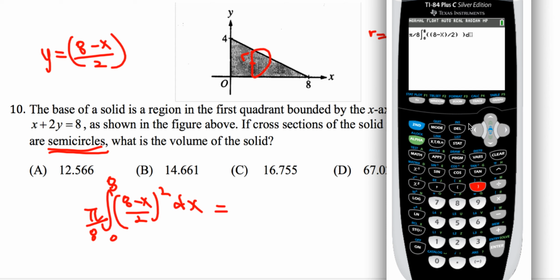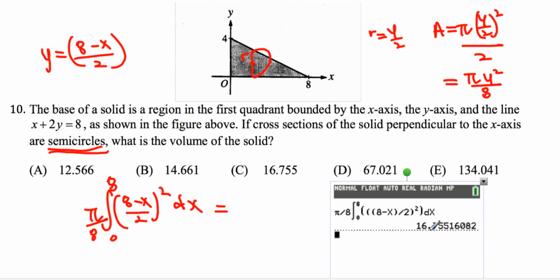I have to put another parentheses here. And then we're going to square that, and then we are taking the integral with respect to x. So there it goes. This one looks like 16.755. So choice C becomes our answer.